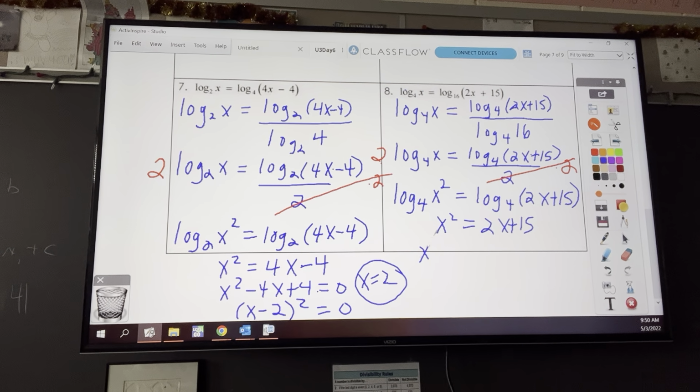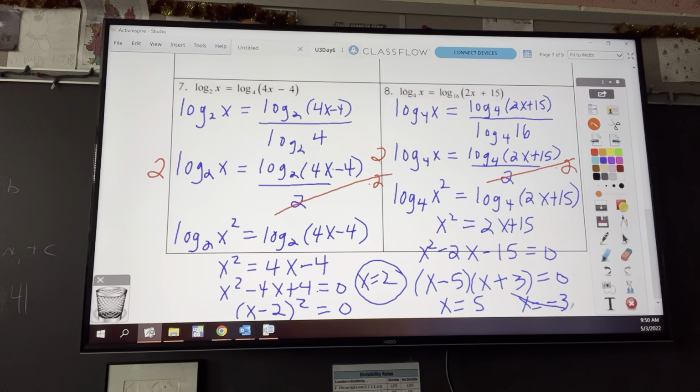And now this is just Algebra 2. Throw everything to one side. Hope it factors. x minus 5, x plus 3. So we should have two solutions, x equals 5 and x equals negative 3.